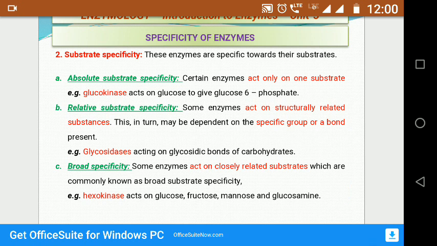That substrate specificity is again broadly divided into three subcategories. First one is absolute substrate specificity. Absolute means 100%. Certain enzymes act on only one substrate but not any other similar kind of substrates.